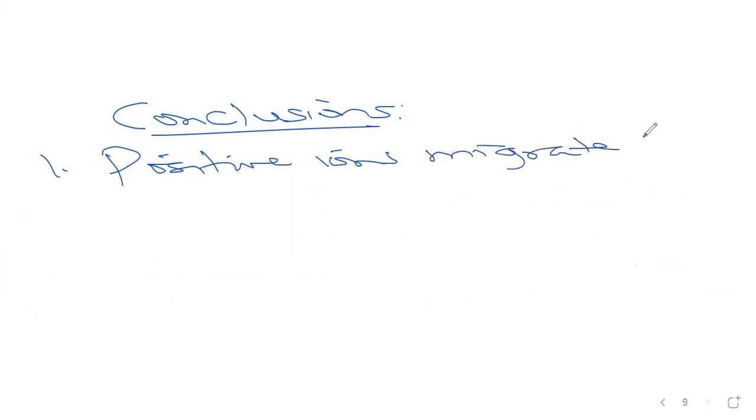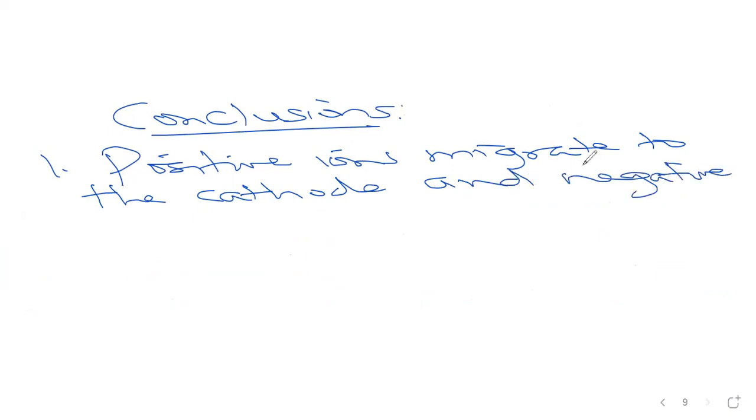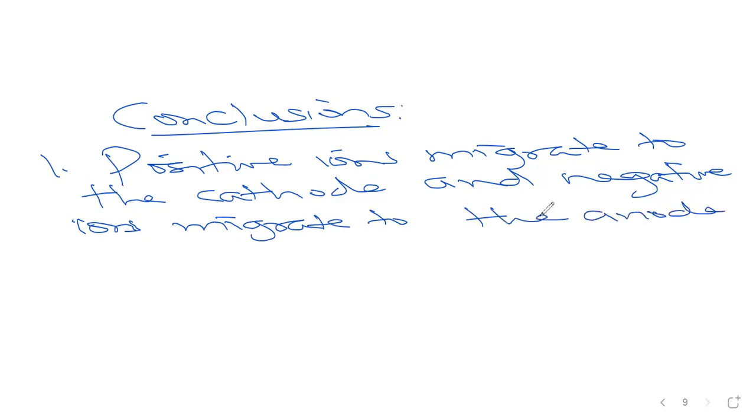The first conclusion is that positive ions migrate to the cathode and negative ions migrate to the anode during electrolysis.